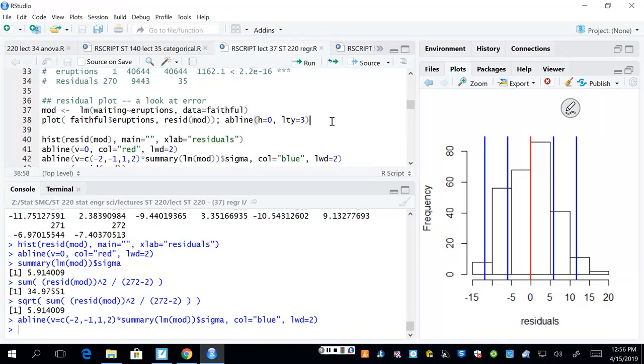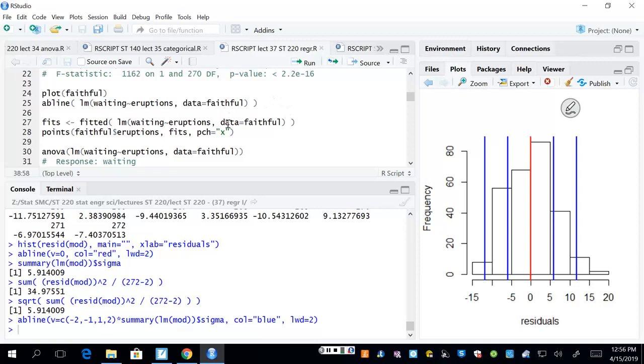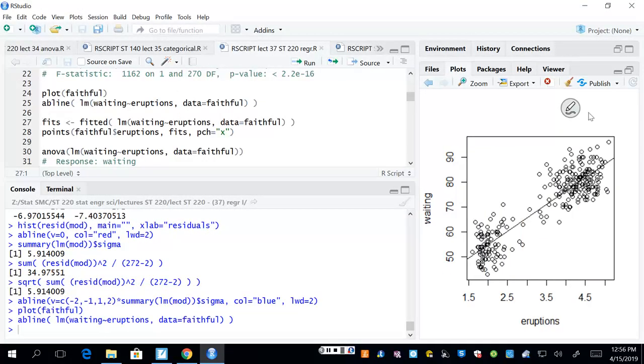If you go back to the whole plot of the original data with the line on it, the plus or minus 5, plus or minus 10 is in this vertical direction. So roughly, if you wanted to predict how long you would have to wait, when should you be back to see the next eruption? Well, if you do the prediction and then subtract about 10 minutes, you're pretty safe.